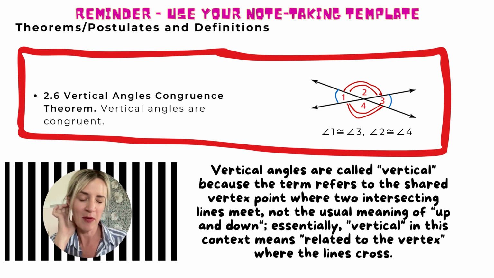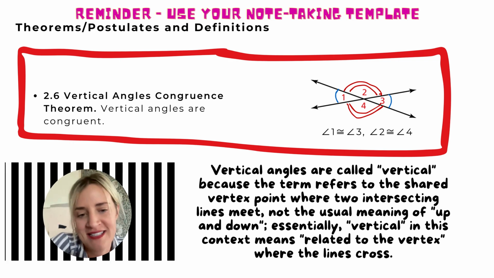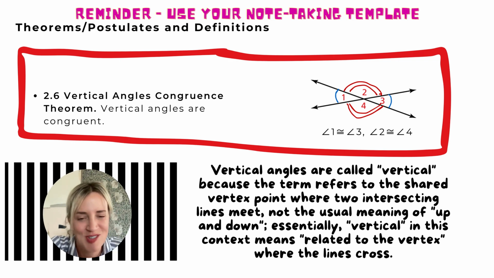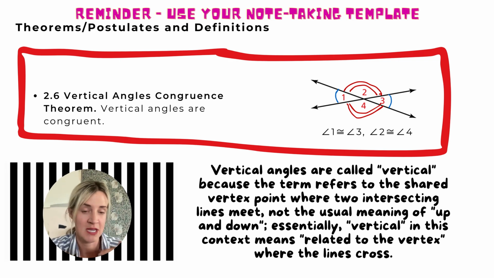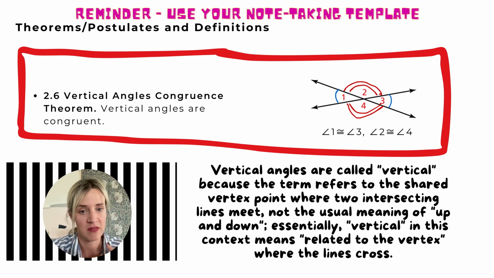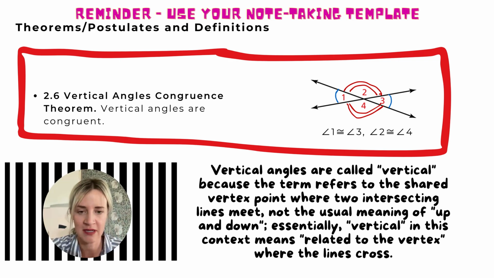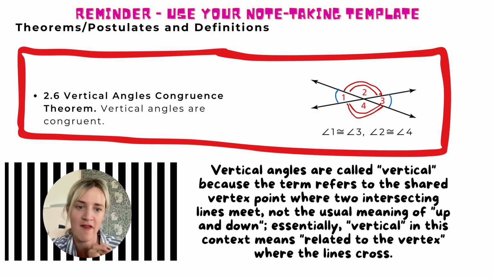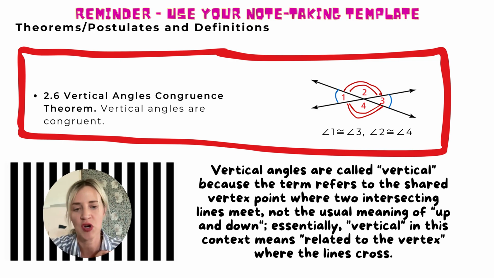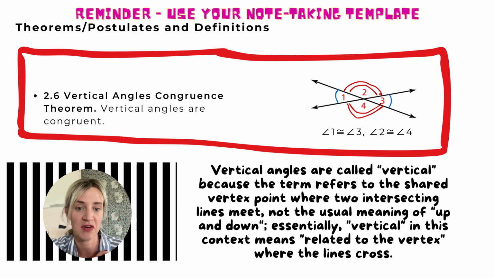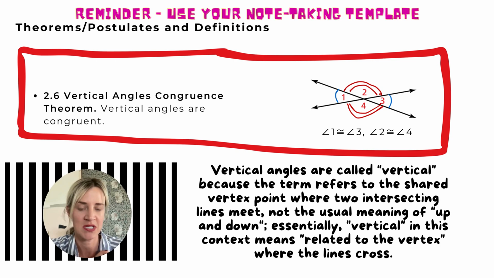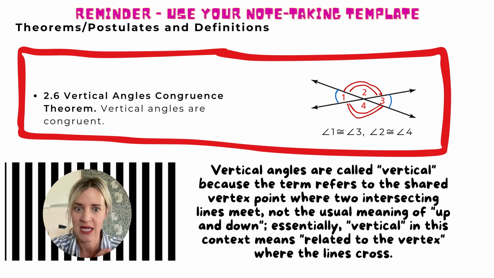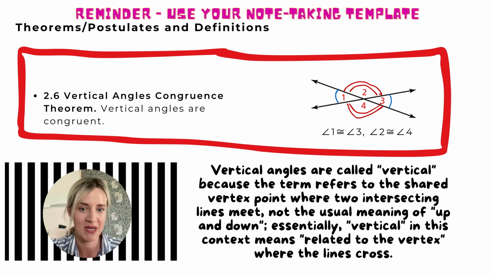And there was an important point that was brought up in live class that I thought was really interesting. I don't want you to confuse vertical angles with vertical lines. A quick look up here: vertical angles are called vertical because the term refers to the shared vertex point where two intersecting lines meet, not the usual meaning of up and down.